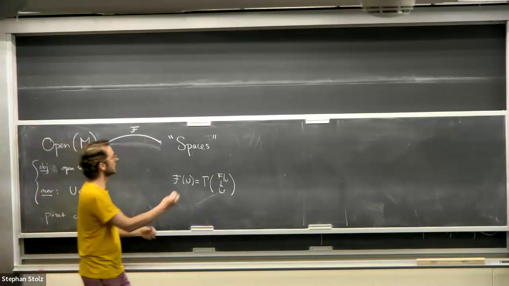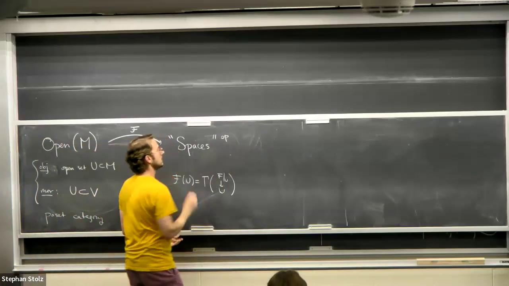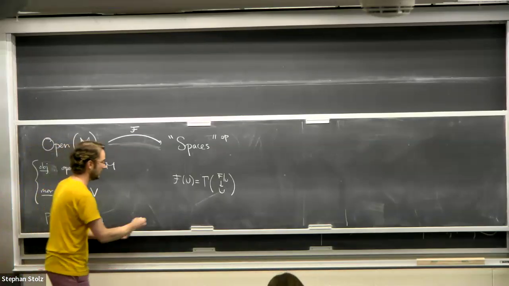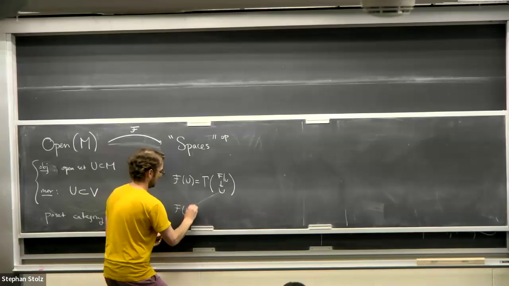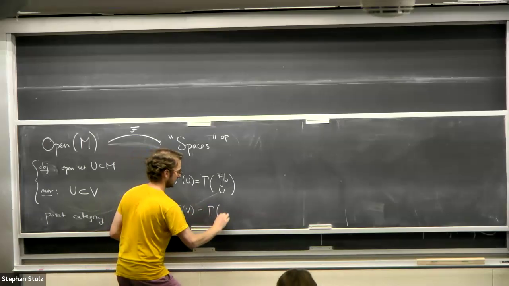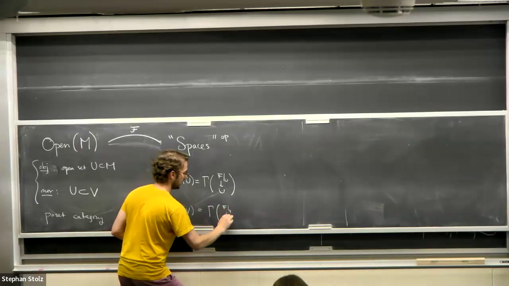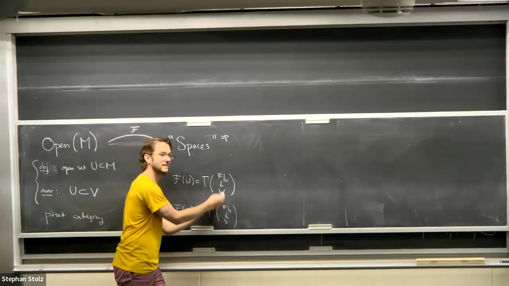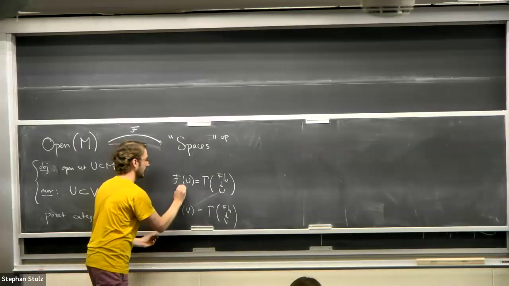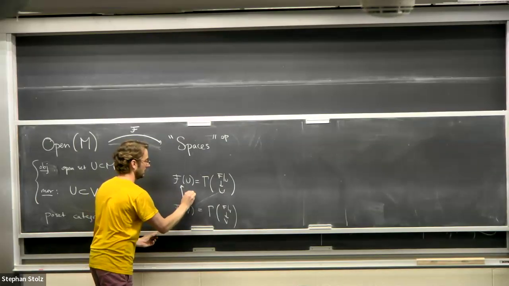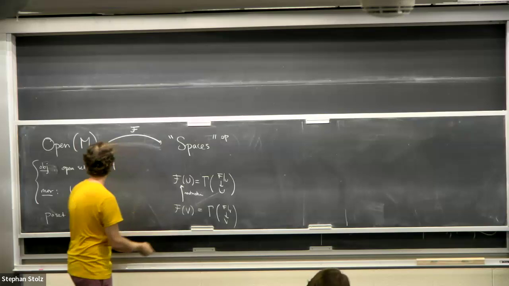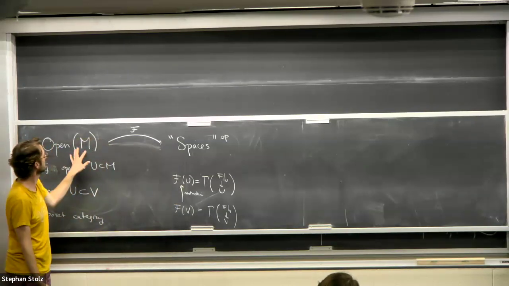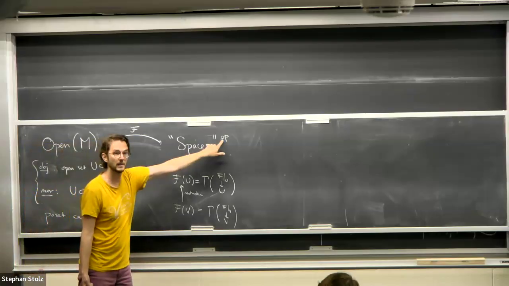So there's a nice functor that actually goes to spaces. And why is that? Well, if U is contained in V, I also have F of V, that's sections of the bundle restricted to V over V. If I have a section over V, since U sits inside of it, I can pull back sections and have a restriction. So it flips the direction of the morphisms, from opens to spaces.